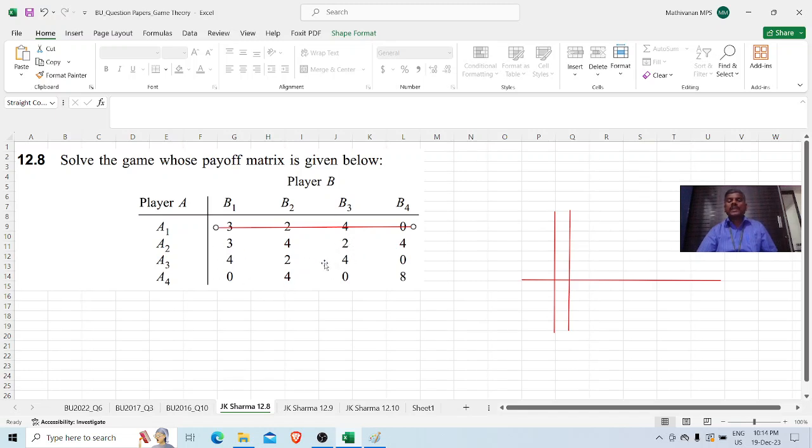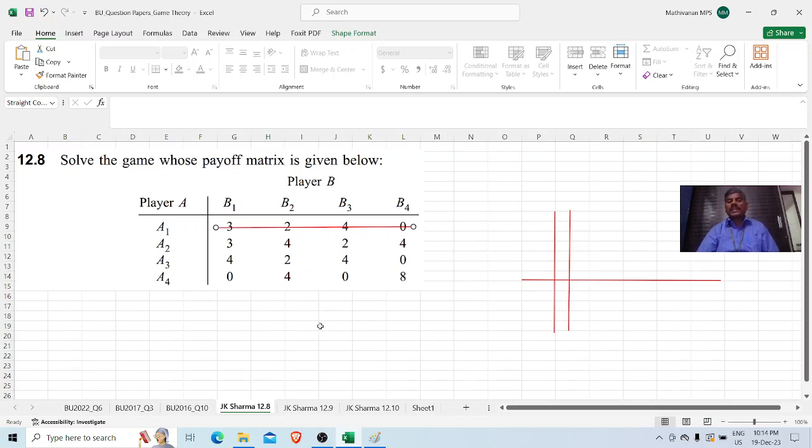Loss of 4 points, loss of 4 points. Same. Loss of 0 points, loss of 0 points. So clearly B3 results in less loss, which is only 2 points. But B1 results in a loss of 3 points. We can conclude that all other values remain the same.